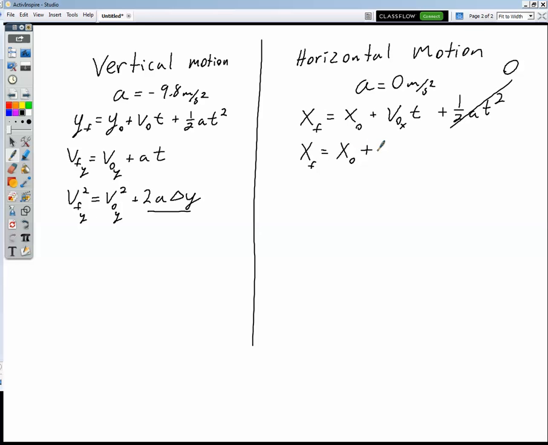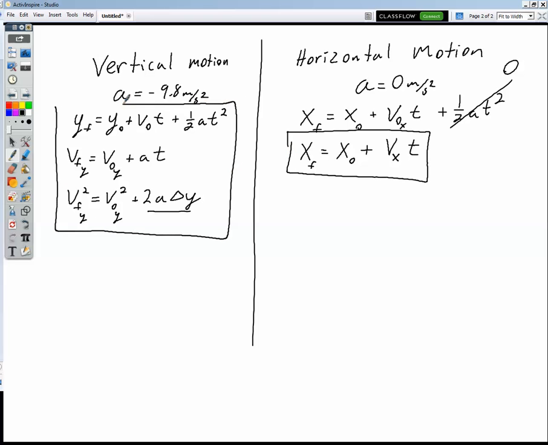And I'm not even going to call it v naught x because the velocity in the x direction doesn't change. So let's just call it vx of t. So only one kinematic equation in the horizontal direction because there's no acceleration horizontally. We get to use all three of them in the vertical direction, remembering that the acceleration is negative 9.8.